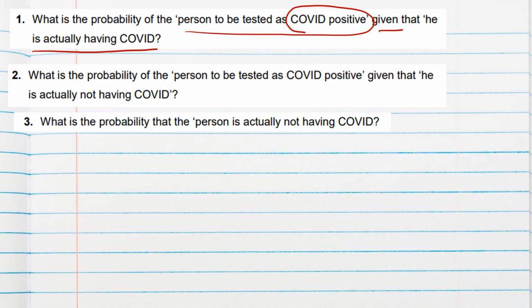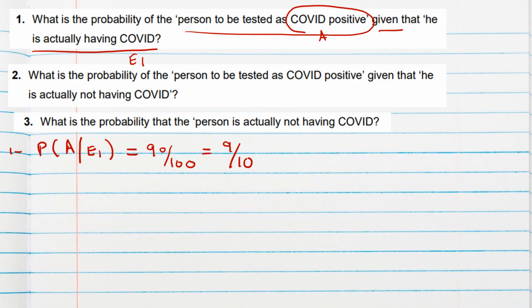Having COVID we suppose as event E1, and person COVID positive means A. So in the first question, what are they asking? Probability of A given E1, which we already know, which is given in the question: 90%, or 9 by 10 probability. So 9 by 10 is the answer for the first one.